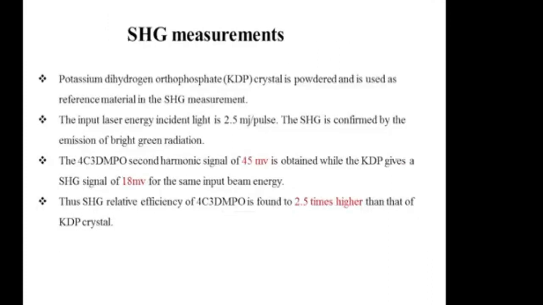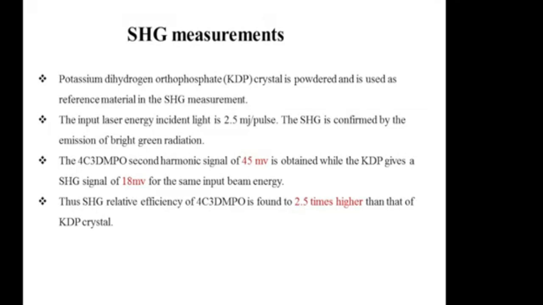Another is the SHG measurement. Potassium dihydrogen orthophosphate, KDP, crystal powder is used as the reference material in the SHG measurement. The input laser energy of the incident light is 2.5 mJ per pulse. The SHG is confirmed by the emission of bright green radiation.